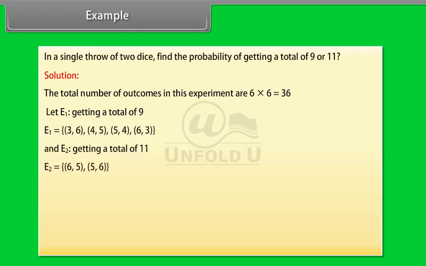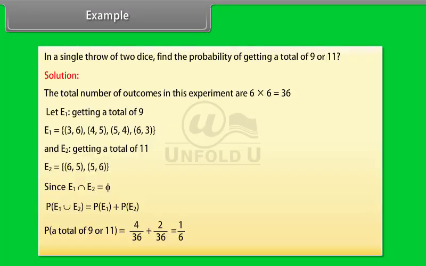E2 is equal to {(5,6), (6,5)}. Since E1 intersection E2 is equal to phi, P(E1 union E2) is equal to P(E1) plus P(E2). P(a total of 9 or 11) is equal to 4 by 36 plus 2 by 36 is equal to 1 by 6.